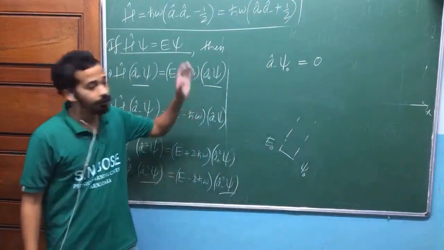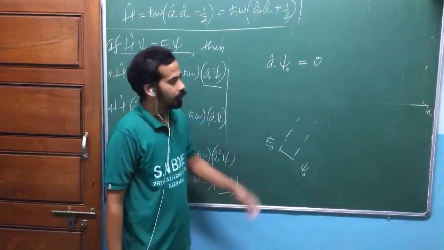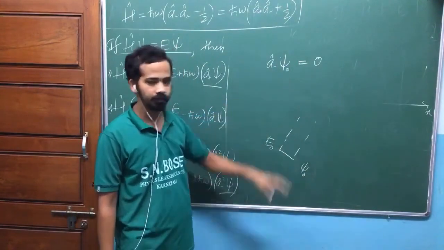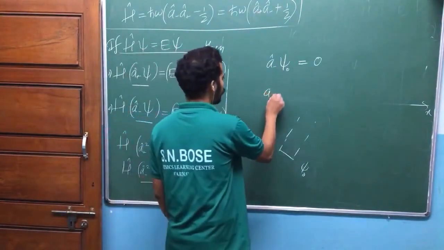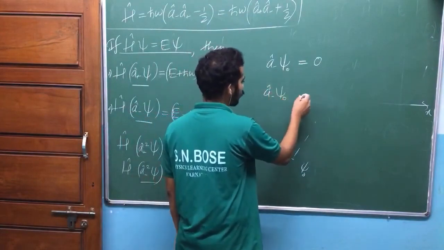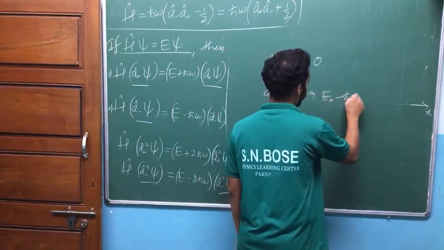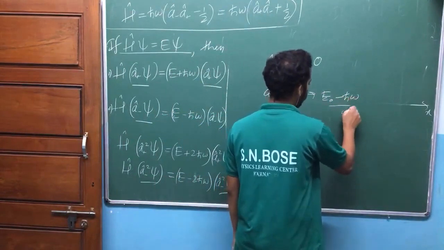That means there should be no state like A minus into psi naught. I'll tell you what happens if A minus into psi naught exists. If A minus cap into psi naught exists, then the corresponding energy is E naught minus h bar omega, which may be negative.